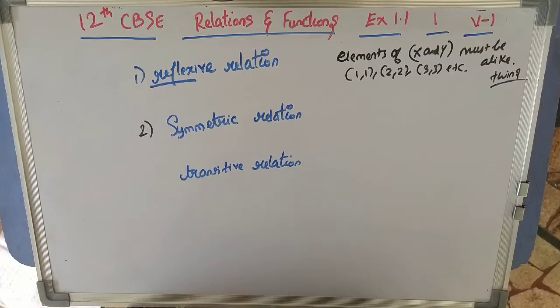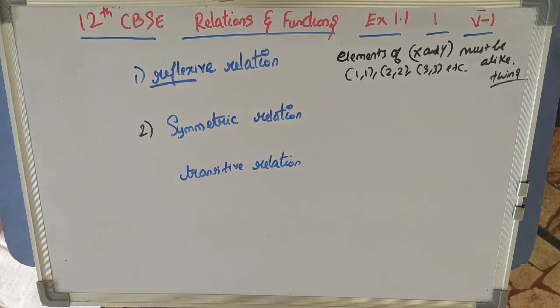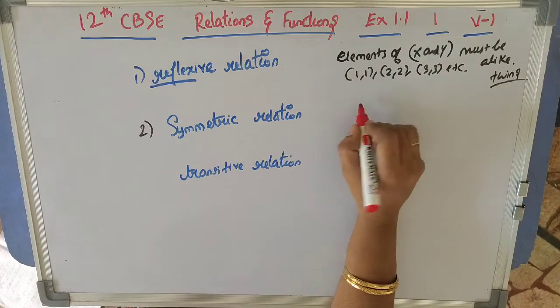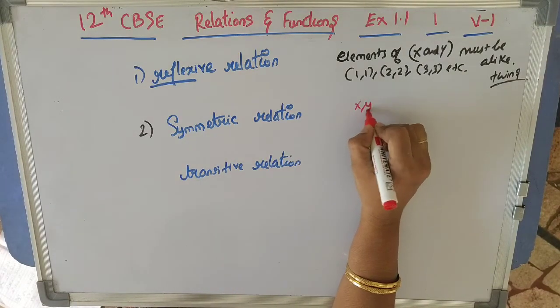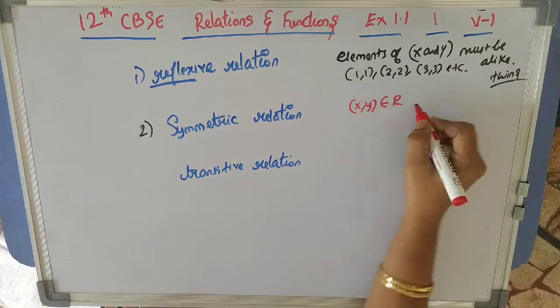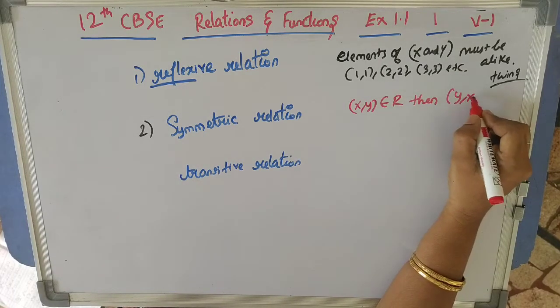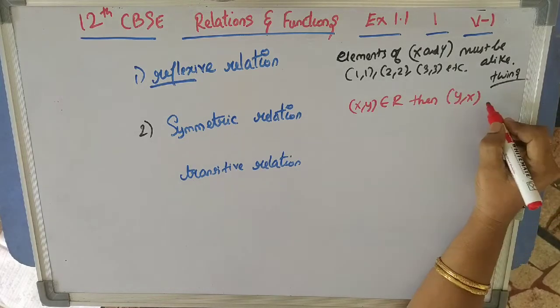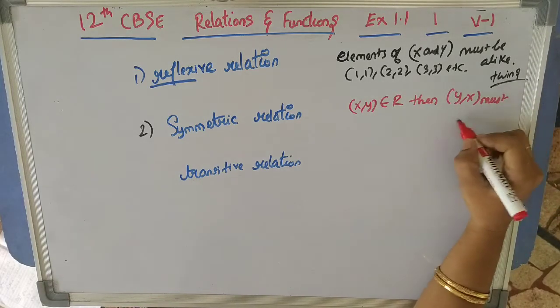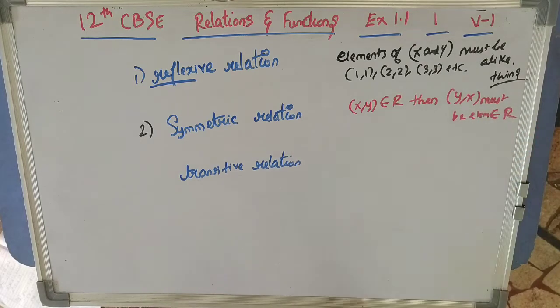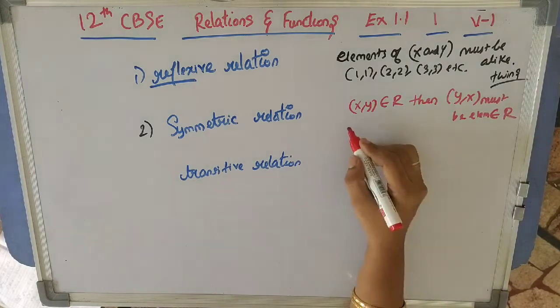Now, let's see what is symmetric relation. Let me explain clearly. If x comma y is an element of R, then y comma x must be an element of R for the relation to be a symmetric relation.